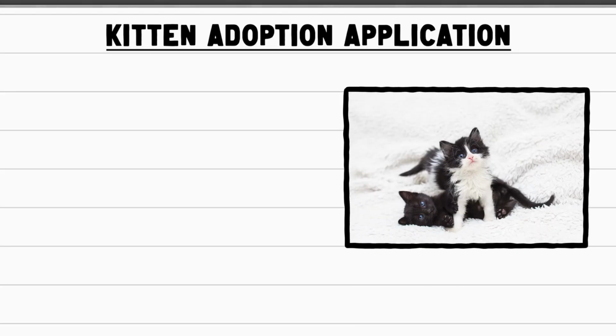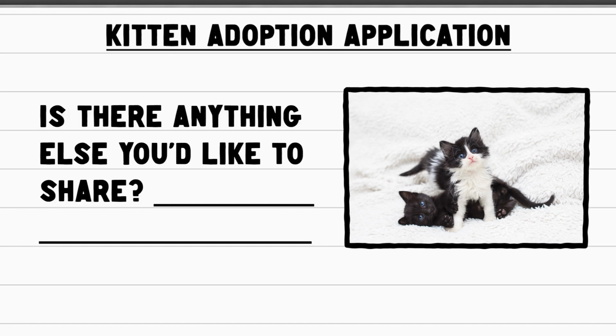Animals are family, we keep them for life. But I do like to understand someone's support system and what they would do in an unforeseen circumstance. So this is a place where you're giving people the opportunity to say, oh, I would contact this family member or this friend, or here's my contingency plan in case of an emergency. And finally, I do recommend putting a place where you just ask, is there anything else you'd like to share?